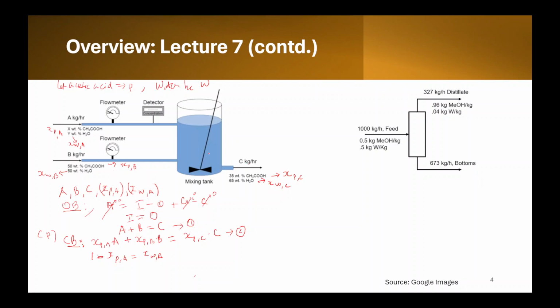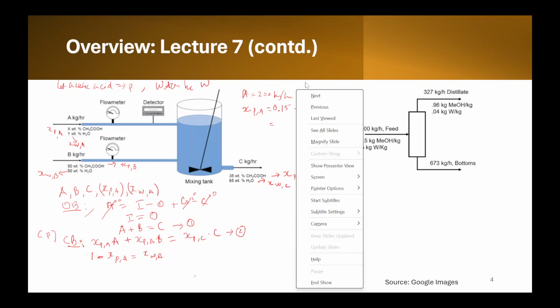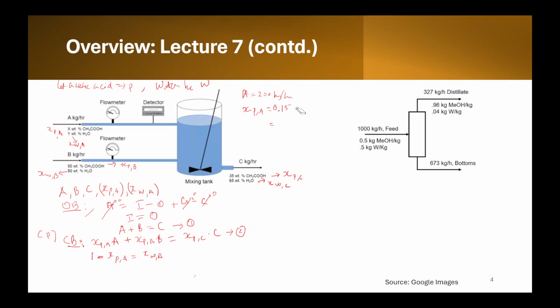So here we can say that A is 200 kg per hour, and XPA is 15%, or you can write it as 0.15.